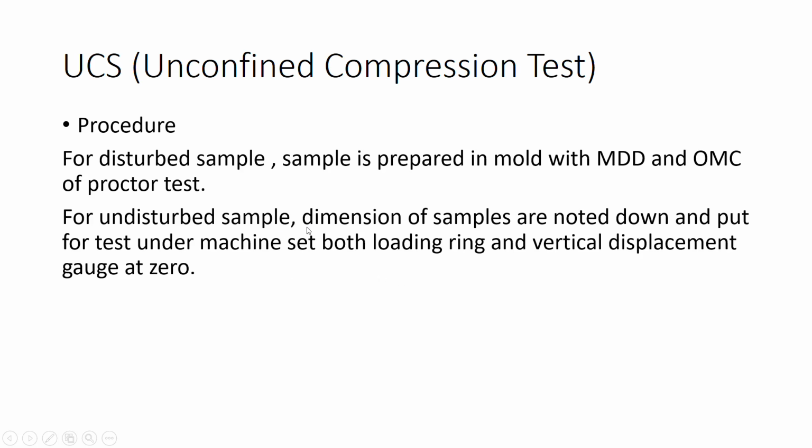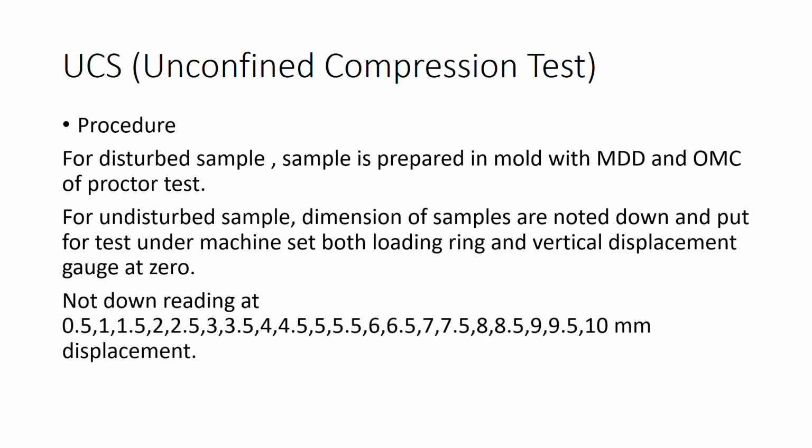The UCS machine has two gauges. One is the loading ring, which shows the force values, and the other is the vertical displacement gauge. Before starting the test you need to set both gauges at 0, and note down the force values at these displacement intervals.